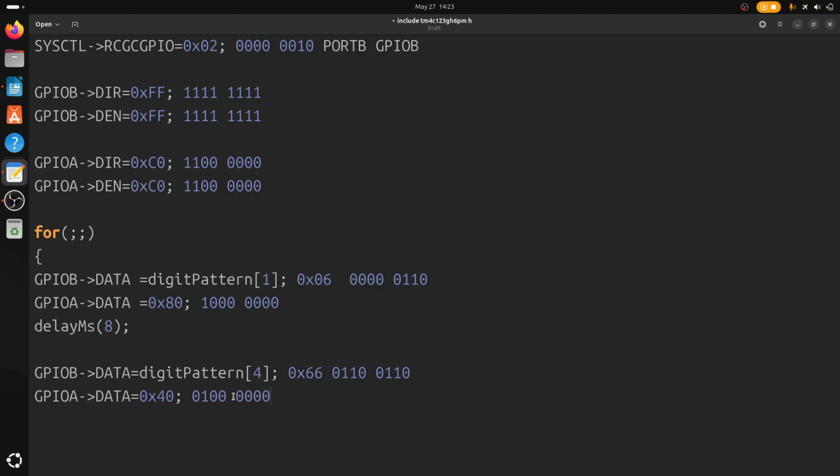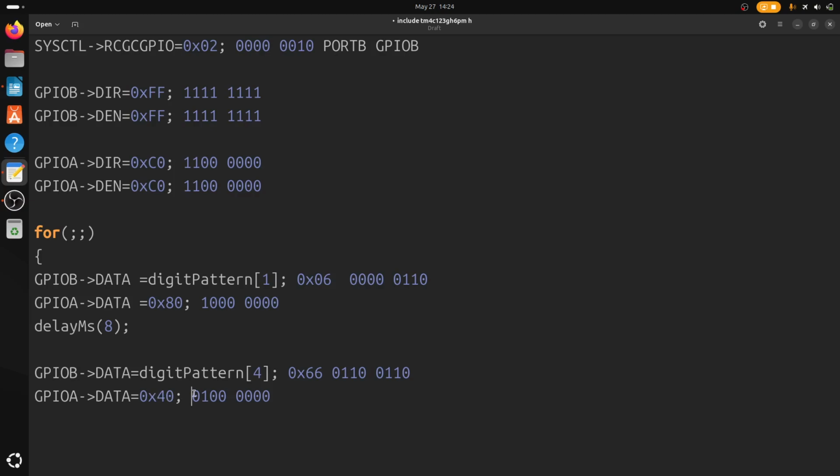Here, for port A, we have chosen pin numbers 6 and 7. In these pins 6 and 7 of port A, we are giving data, and the data value is 0x40.